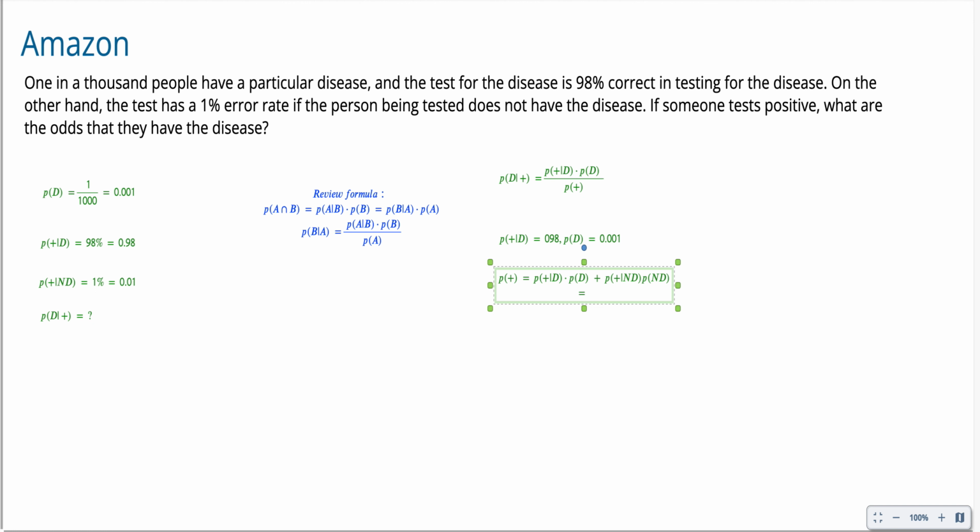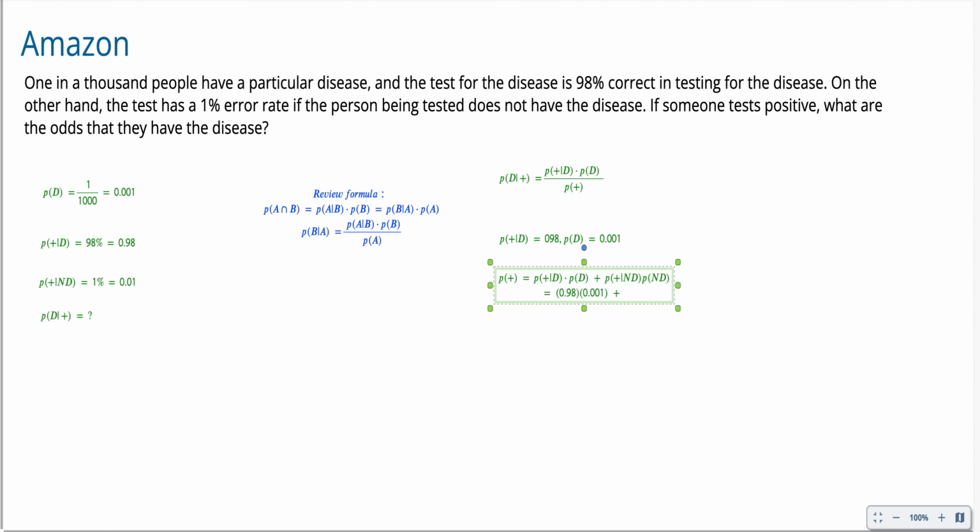Given that the person has the disease, the test comes back positive: that's 0.98. And then the probability of the disease is 0.001. The second case is that the person does not have the disease, but the test comes back positive.